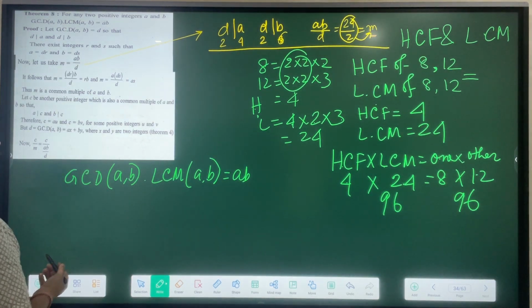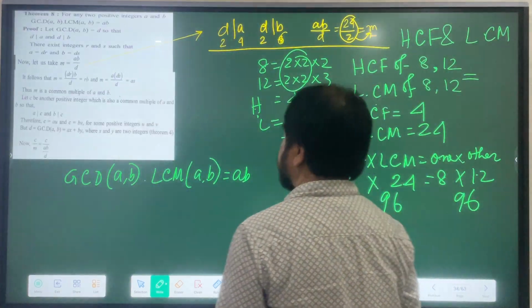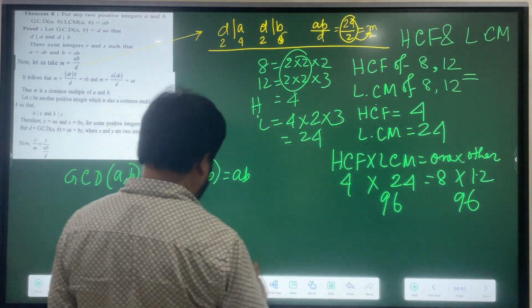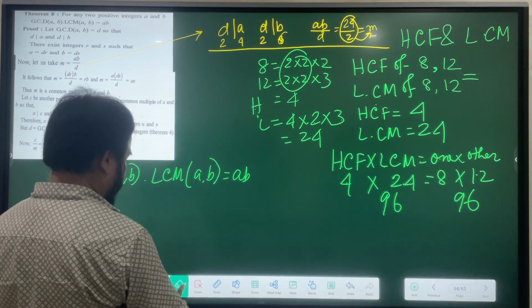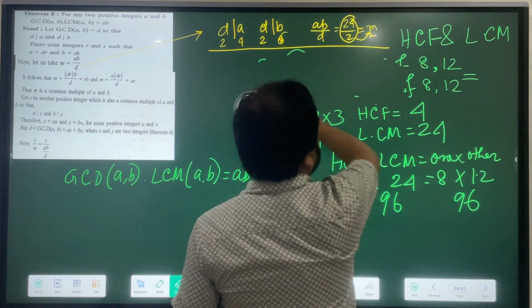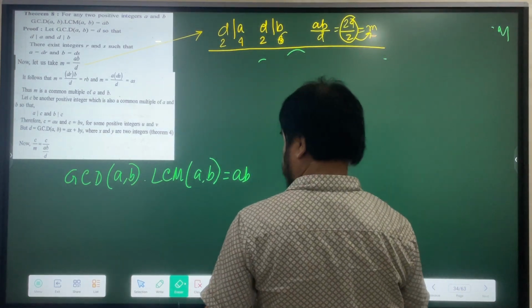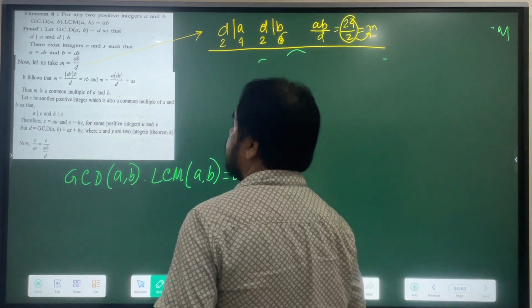So here it is done like this. You will note this down so that you can understand. So I am going to erase it so that we can do the sum easily.